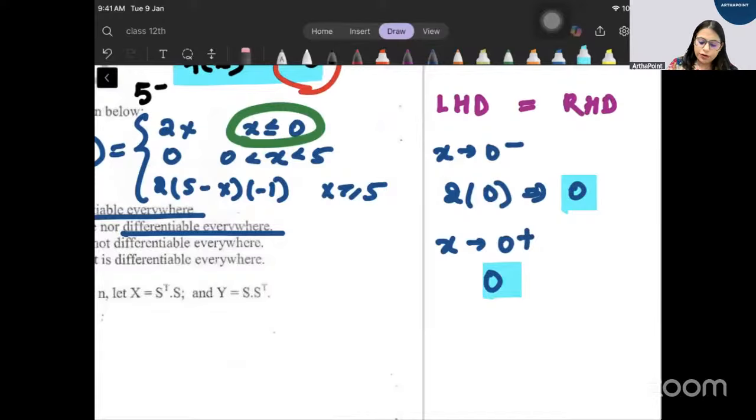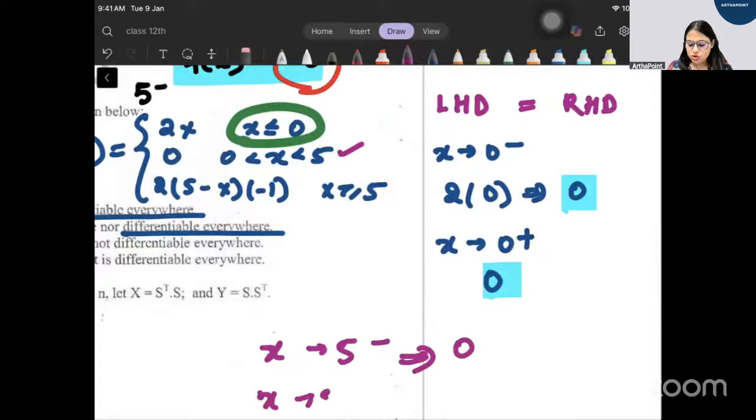Now I will check for this. So limit x tends to 5 minus, उसमें function differentiation का value is 0, and x tends to 5 plus, माने you will put 5 in this. So when you will put 5 in this, यहाँ पे भी you will get the answer as 0. So you are getting 0 through left hand and right hand differentiation also.